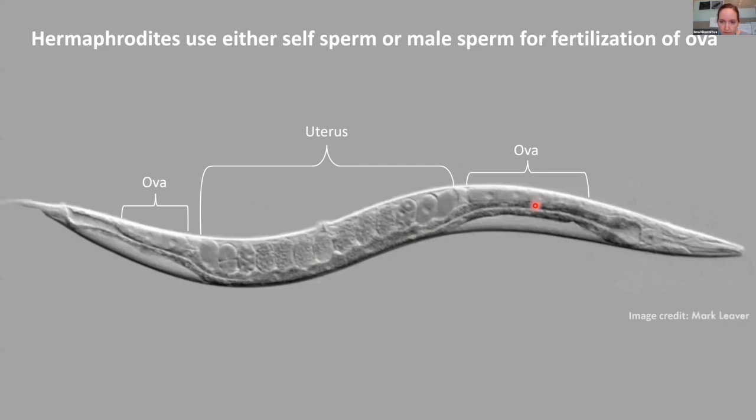They have ova that would move, in this case, from right to left and go through spermatheca where self-sperm is formed and into the uterus. So they can produce progeny by themselves without males. However, if there are males and this hermaphrodite is inseminated, the sperm will travel from the vulva area into the spermatheca and would fertilize the ova that would come through the spermatheca into uterus.